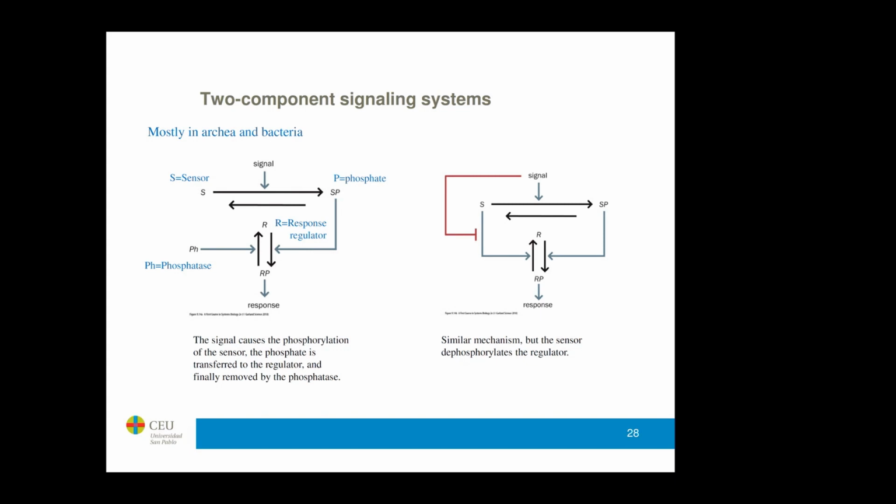So the signal promotes the phosphorylation. The phosphorylation promotes that R phosphorylates. S causes this phosphorylation to come back, but then the signal can inhibit this branch. So this is a very typical circuit for detecting signals.